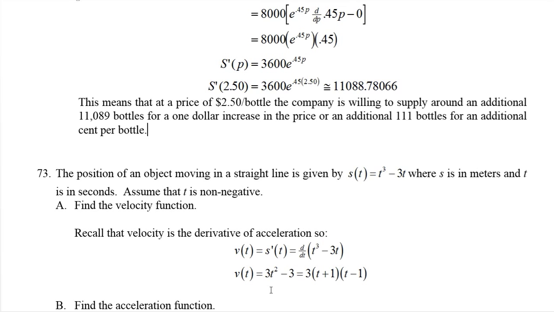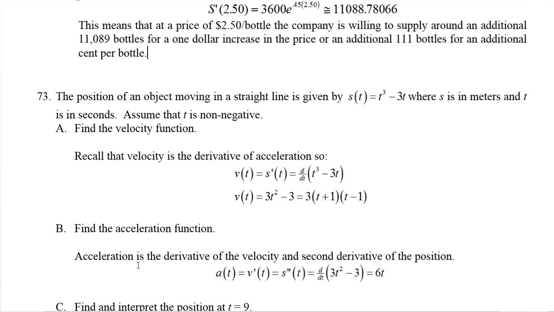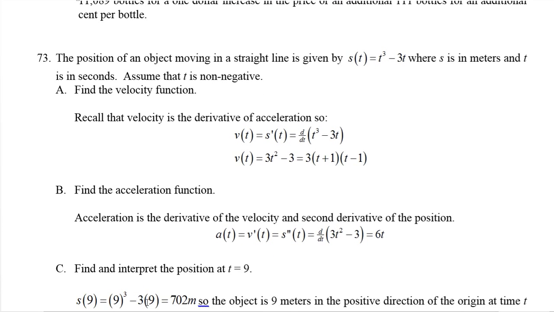Okay, let's find the acceleration function. The acceleration function is the derivative of velocity, or the second derivative of the position function. So we just take another derivative and we get 6t. Find and interpret the position at t equals 9. You can plug into the original formula: 9 cubed minus 3 times 9.